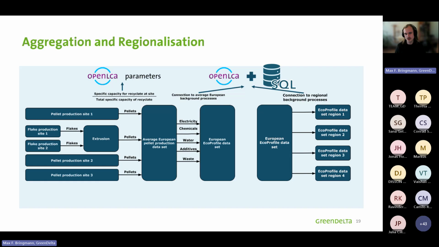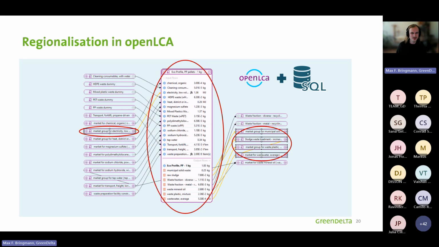So basically, when you have a regional dataset, what you will see is that some of the inputs and outputs were replaced with regionally appropriate inputs and outputs, and therefore these are basically re-regionalized to regions that actually produce these polymers as well. Now, I also want to show this in openLCA quickly, just for you to have a good understanding of what I mean by regionalization.